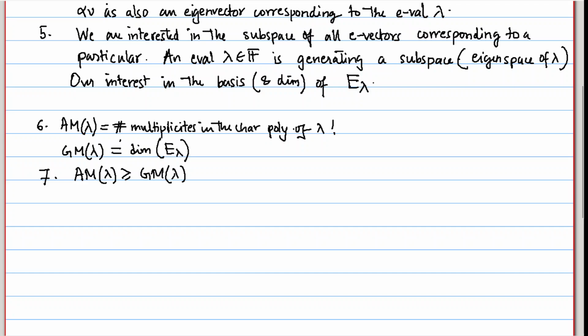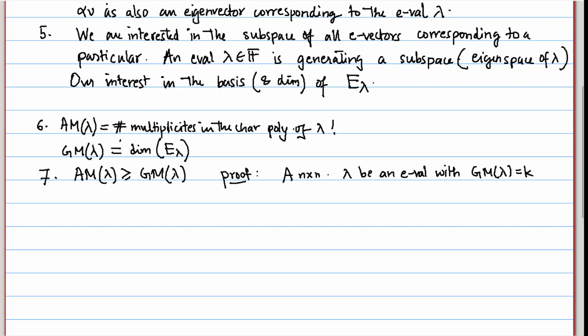So let's say you have a matrix A, which is n by n, and let lambda be an eigenvalue with geometric multiplicity equal to some k, right?